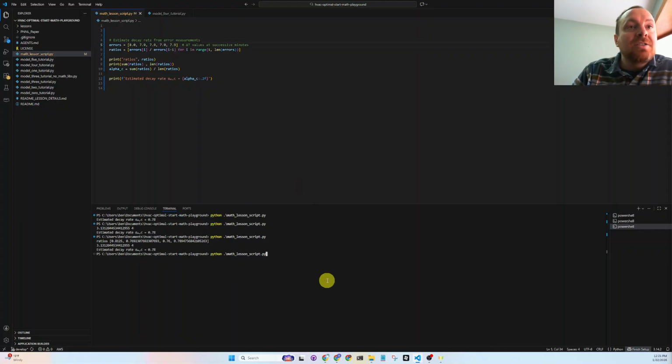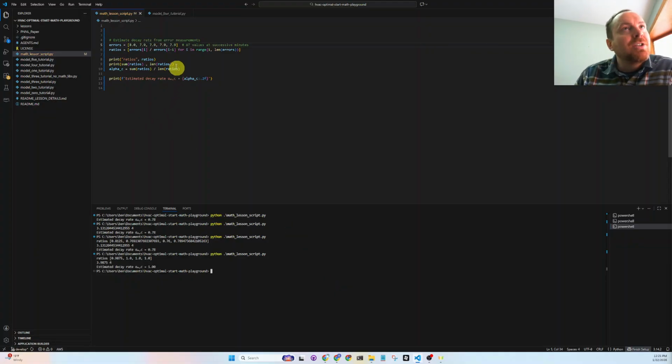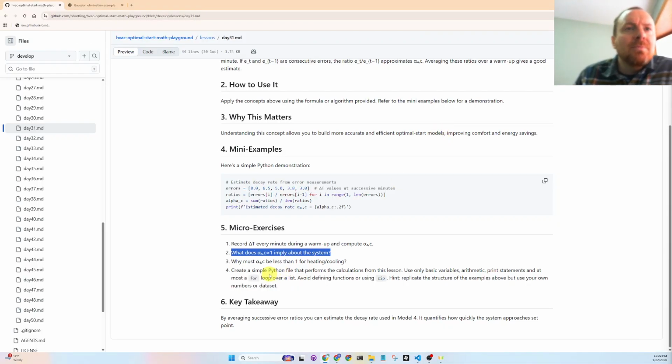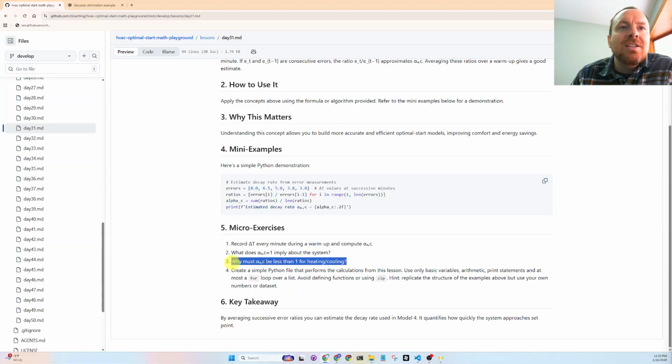Like the HVAC system is broken, so that it's 1. Yeah, so that's what would happen. Our HVAC system is broken. It's not doing anything. It's not warming up or cooling. Why must alpha C be less than 1? That's just indicating that something's happening to the zone. Like we were talking about, our decay rate acts as a percentage.